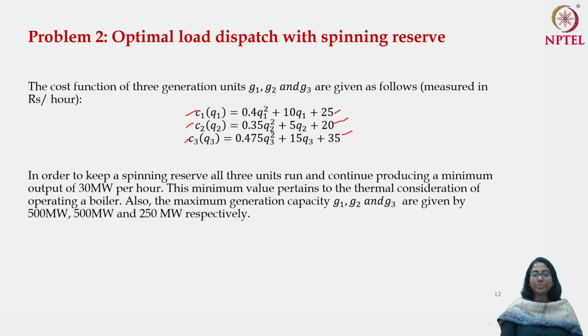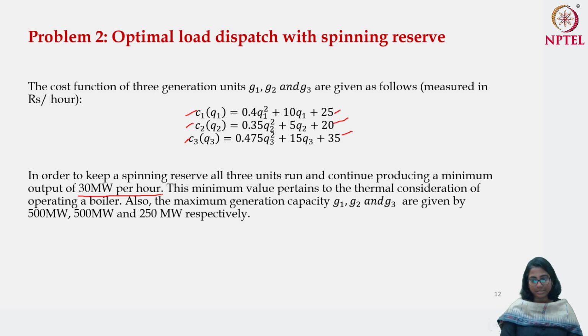In order to keep the spinning reserve, the condition goes like this. All three units have to run and continue producing a minimum output of 30 megawatt per hour. This is the minimum requirement. So in order to keep the spinning reserve, all these three generating units have to keep on producing 30 megawatt per hour.